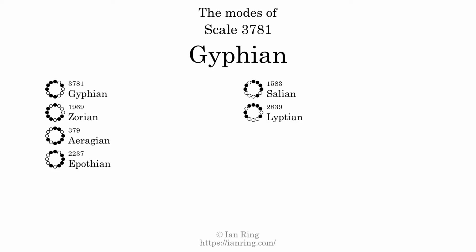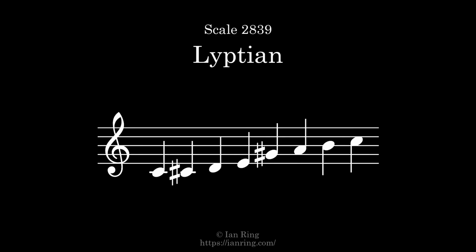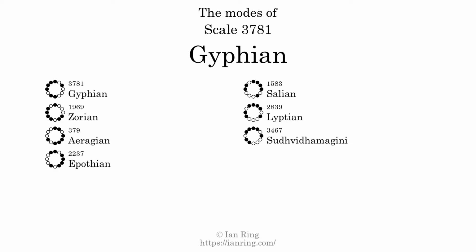The sixth mode is scale 2839, also known as Liptian. It sounds like this. The seventh and last mode is scale 3467, also known as Subvertimagine. It sounds like this.